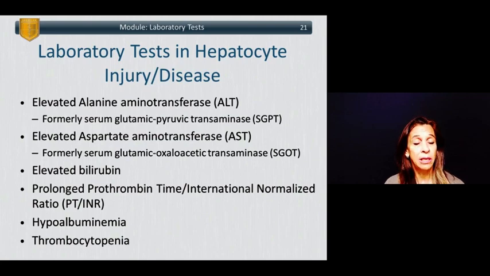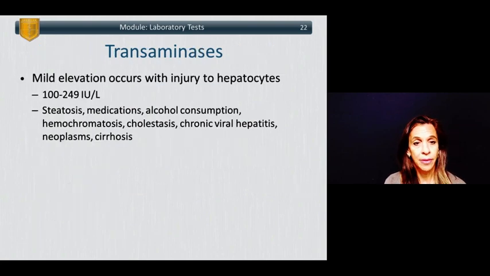Bilirubin is elevated in patients with hepatocyte injury and disease. The PT becomes prolonged, and therefore the international normalized ratio, or INR, becomes prolonged. Hypoalbuminemia and thrombocytopenia, or low platelet counts, both occur in patients with advanced liver disease.